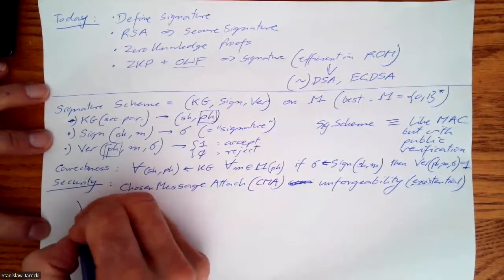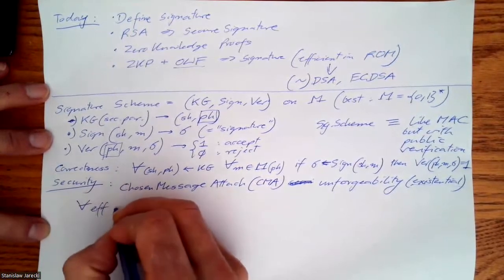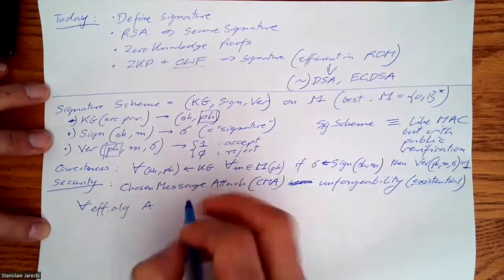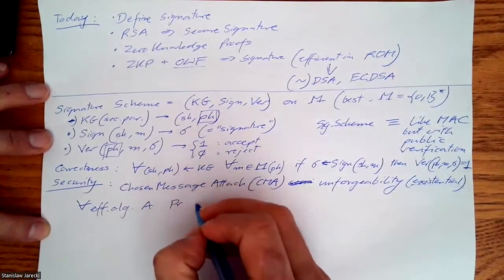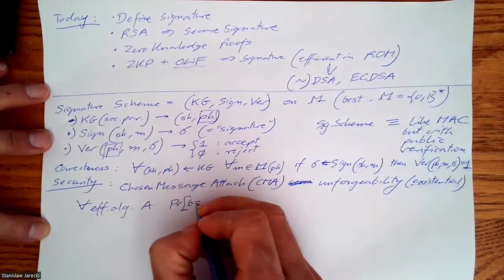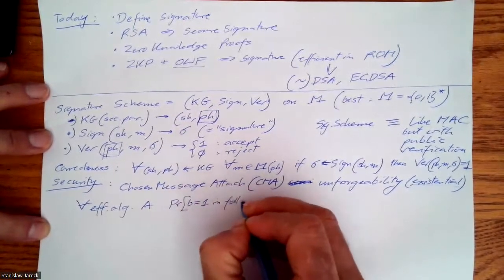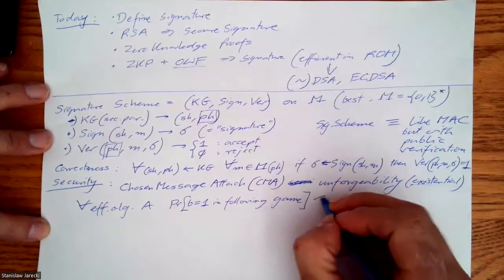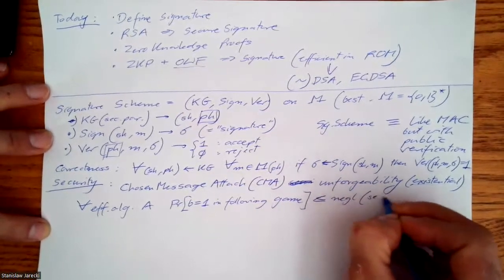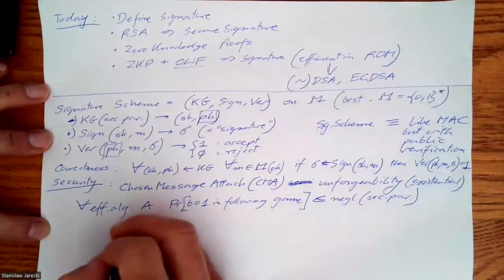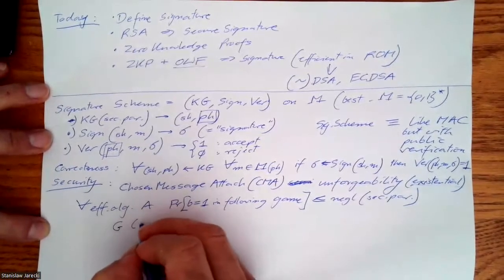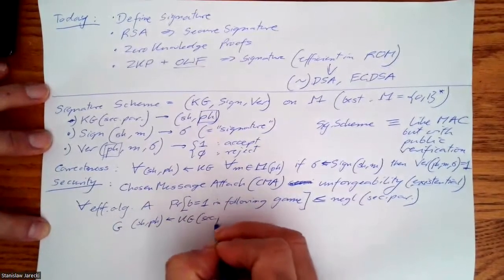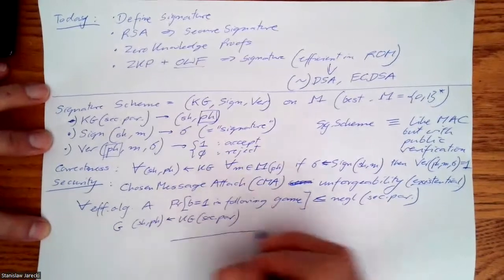So what is this? For every efficient algorithm, the probability that B is 1 in the following game, which will be called the CMA game of a signature, is negligible. And what's the game? So the game first picks the private, public key pair for a given security parameter, and tells the attacker the public key.